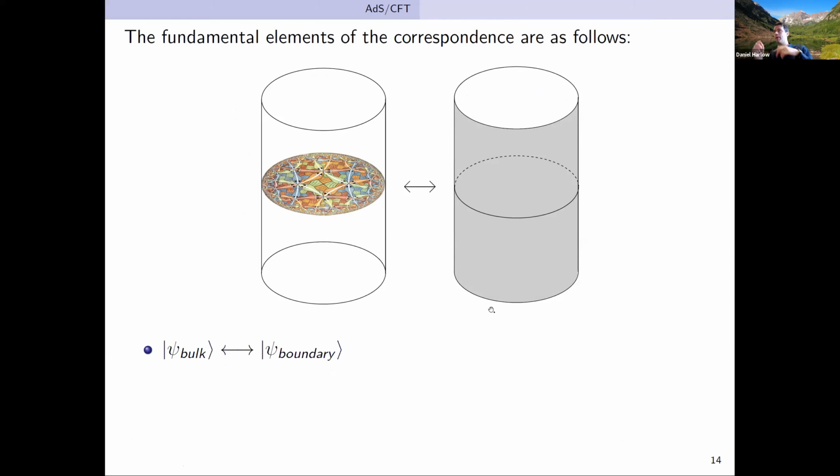There's a one-to-one mapping between them. If you have a field in the bulk, say, it'll depend on this radial direction, this time direction, and also I'm calling omega this angular direction. If you extrapolate a bulk field to the boundary by taking r to infinity, pull it out to here, then you get some local operator in the boundary conformal field theory.